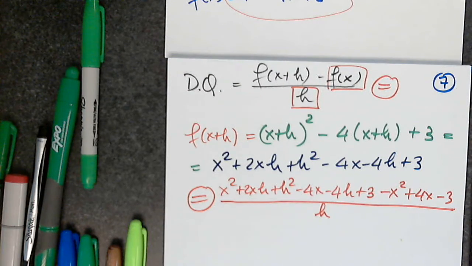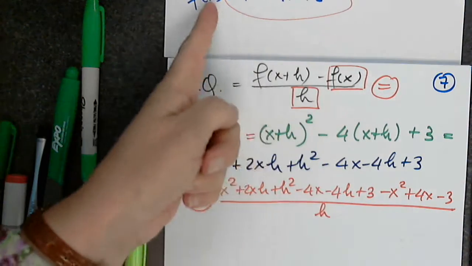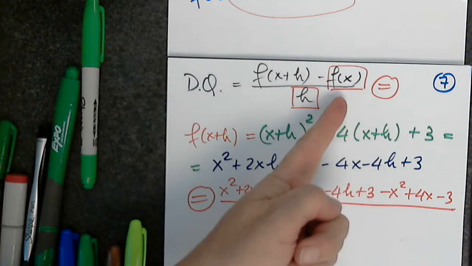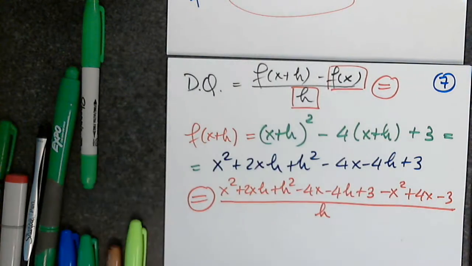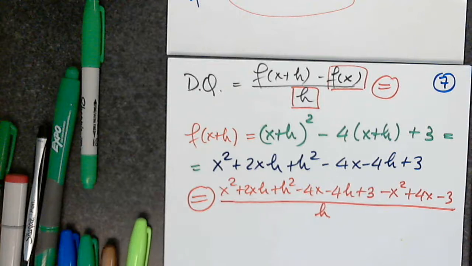Perfect. Now your equation becomes the input for the next f of x, correct? You gave me f of x. Good. Now here's the trick in all these situations. Every time you're asked to find the difference quotient, you have to remember one very important thing.